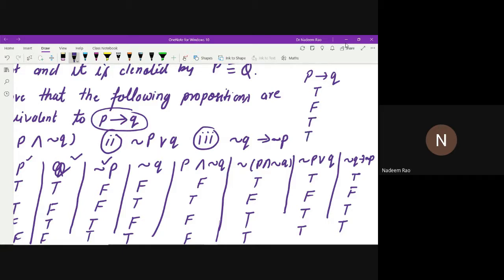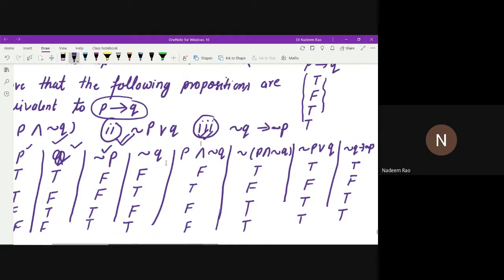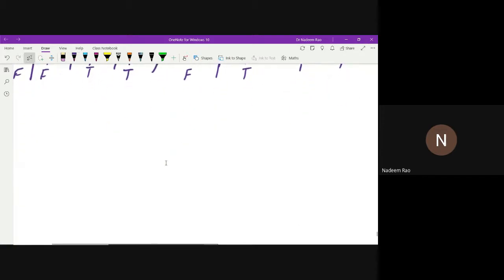So we see that the truth values of P implies Q are the same as the truth values of negation of P or Q, and negation of Q implies negation of P. Therefore, these are all equivalent. So in the truth table, these four are logically equivalent.